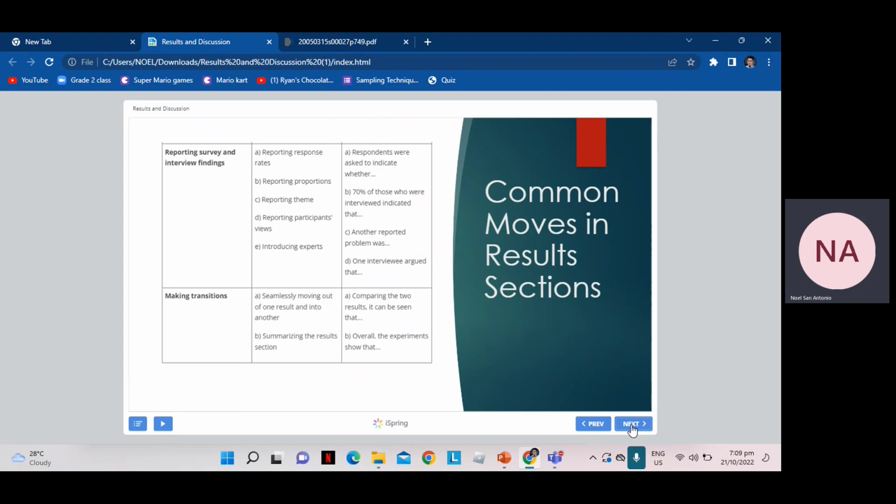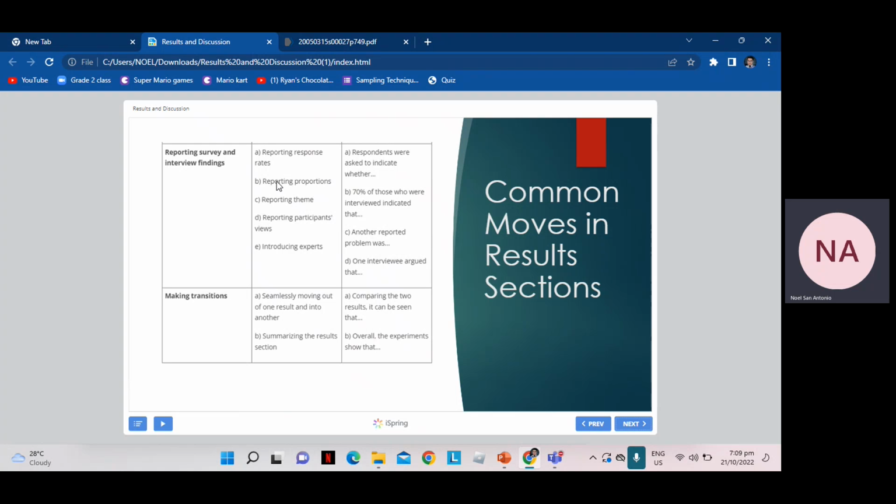Another move is reporting survey and interview findings. Eto kapag ang iyong research, the nature of your research is in a survey form. A move that can be used is reporting response rates. For example, respondents were asked to indicate whether, or reporting proportions such as 70% of those who were interviewed indicated that.